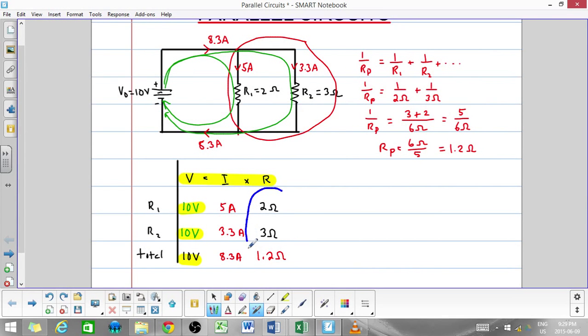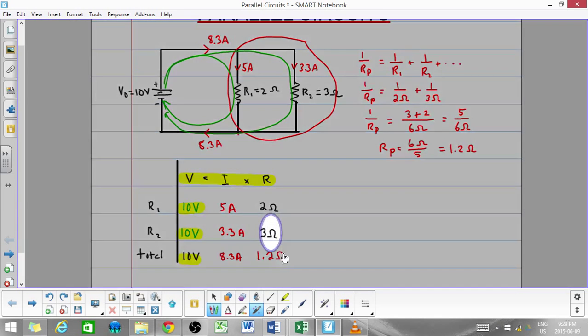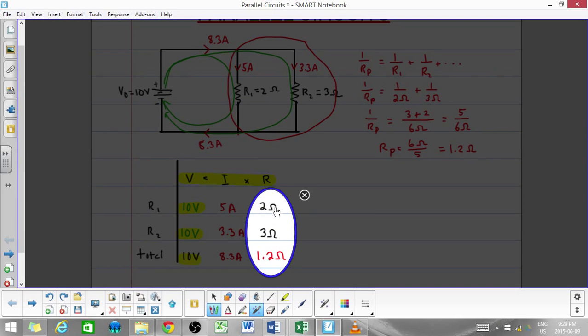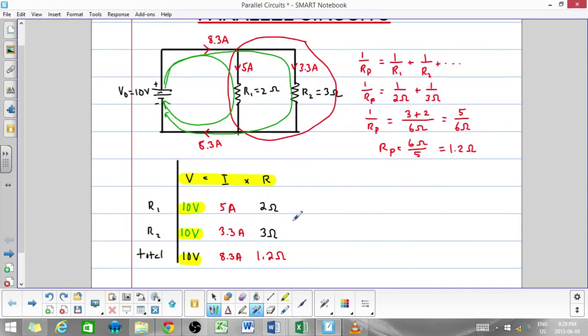And then you have this goofy relationship between the resistances, which gives you a smaller overall resistance than the resistors individually. Okay, so given that, let's try one from the textbook.